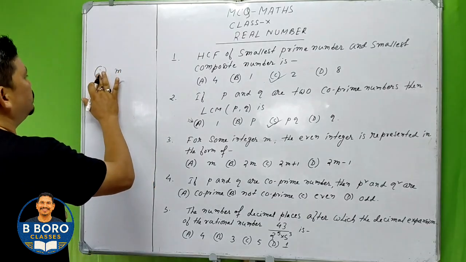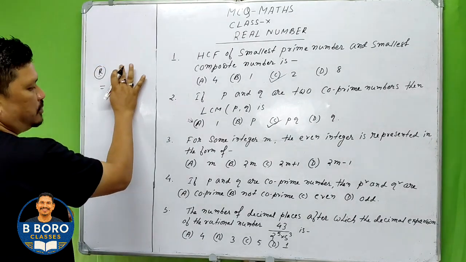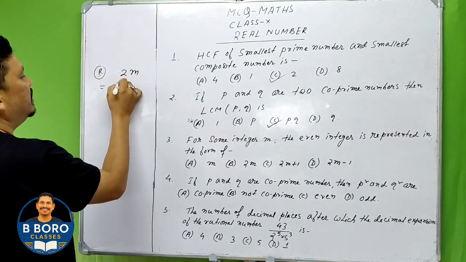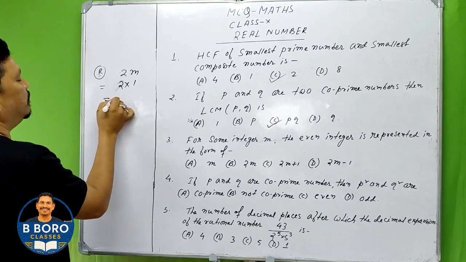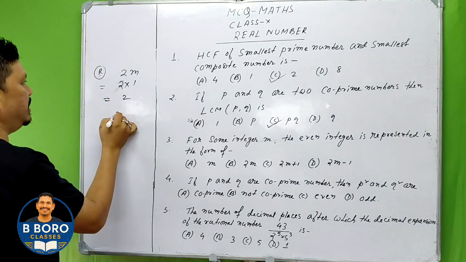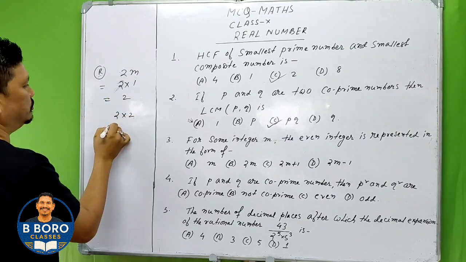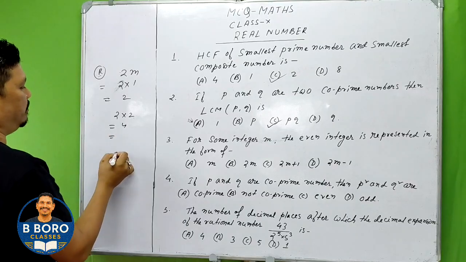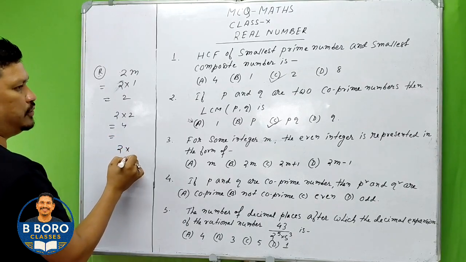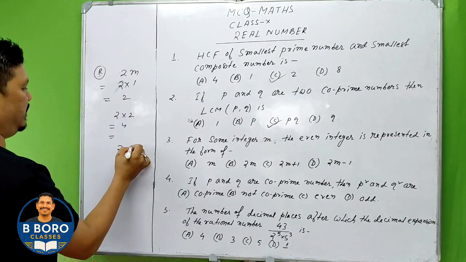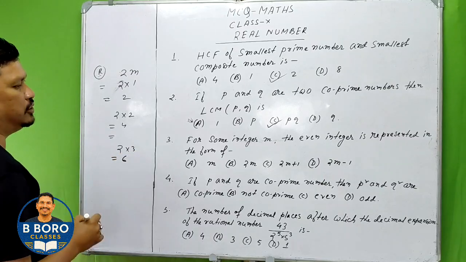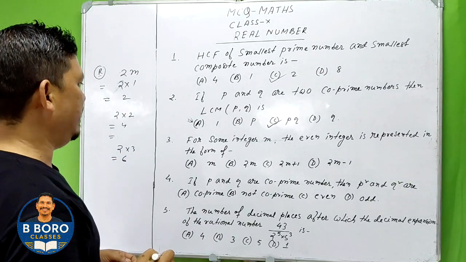Similarly, if we proceed to option B, 2m. If we substitute m equal to 1, 2 ones are 2, an even number. If we substitute m equal to 2, 2 twos are 4, also an even number. If m equal to 3, 2 threes are 6, also an even number.